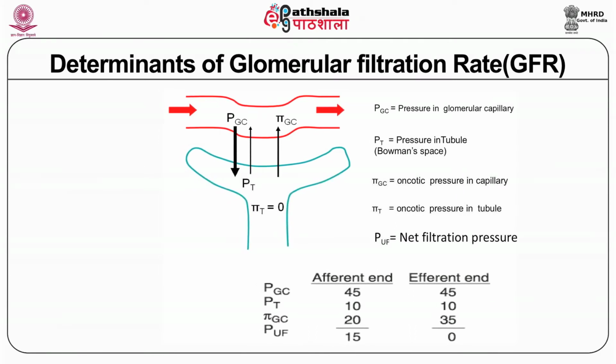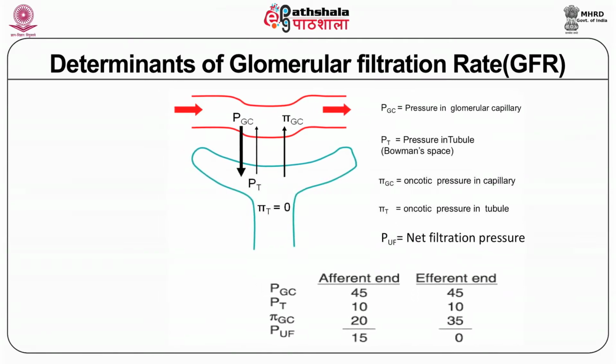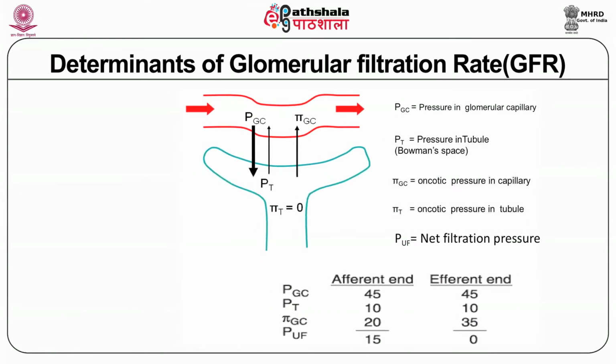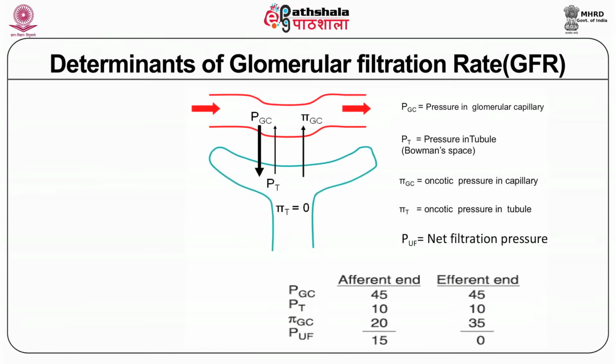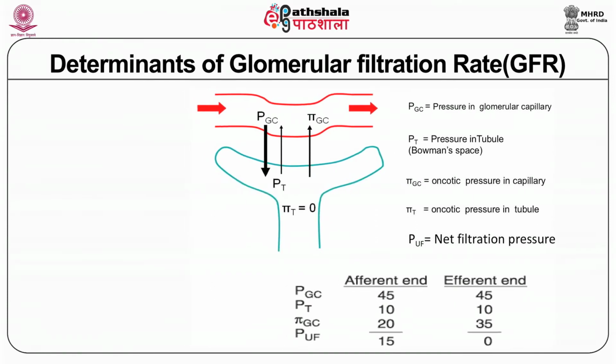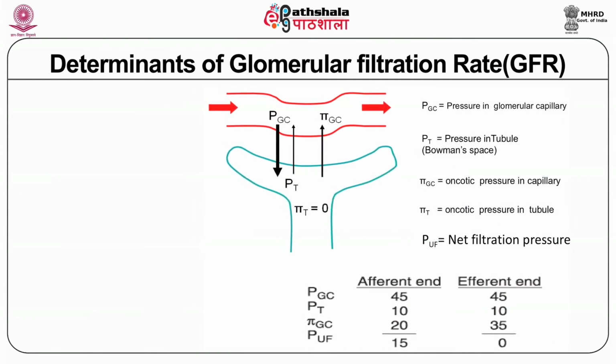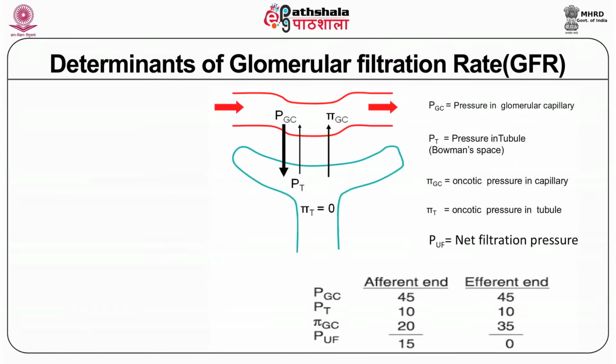The reason is that the plasma proteins are not able to cross the capillaries, hence proteins accumulate as we go towards the efferent end, which leads to increased osmotic pressure towards the efferent end, resisting the hydrostatic pressure more distally, and the resultant net filtration pressure becomes 0. The net filtration pressure is considered to be 10 millimeters of mercury. The net filtration pressure is abbreviated PUF.